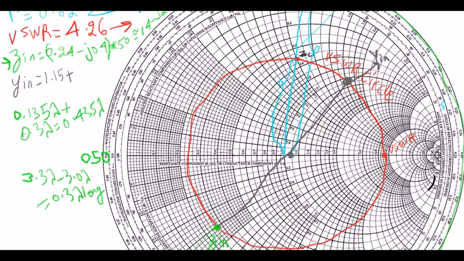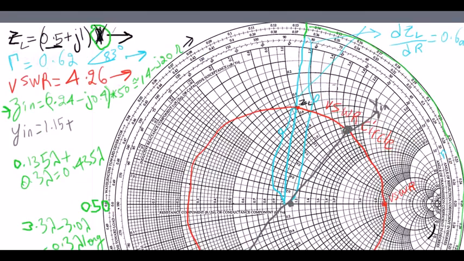And your reactance component is approximately 1.6 or 7.